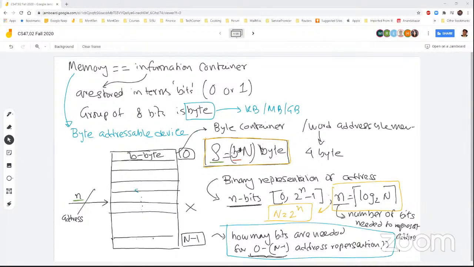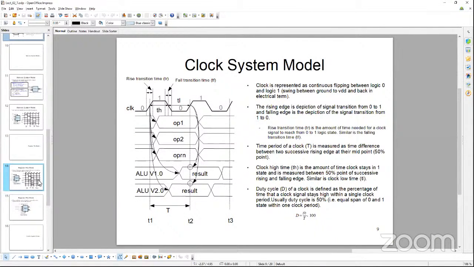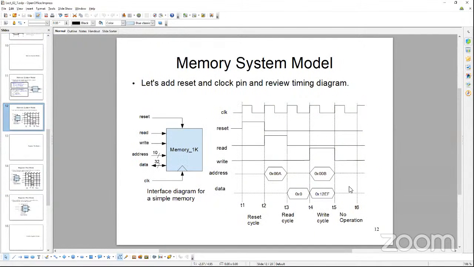Okay, now comes the problem of time computation. Let's say this is a simple memory system operation timing diagram. In the problem statement, you will be given that this memory completes read and write in so many clock cycles, and that this many operations are there.